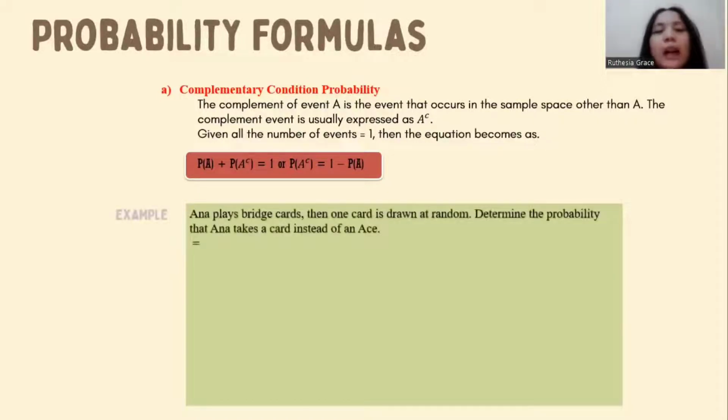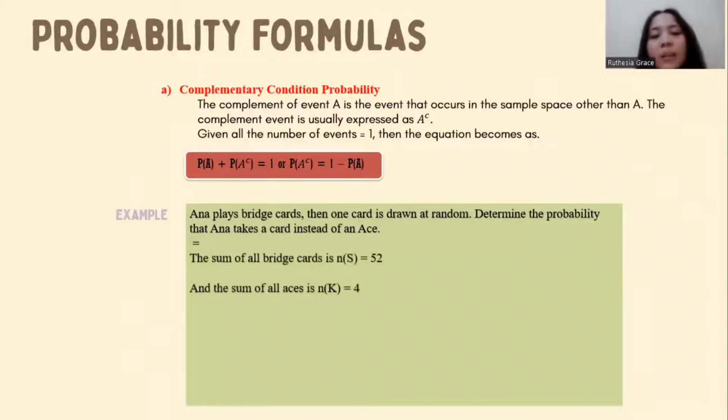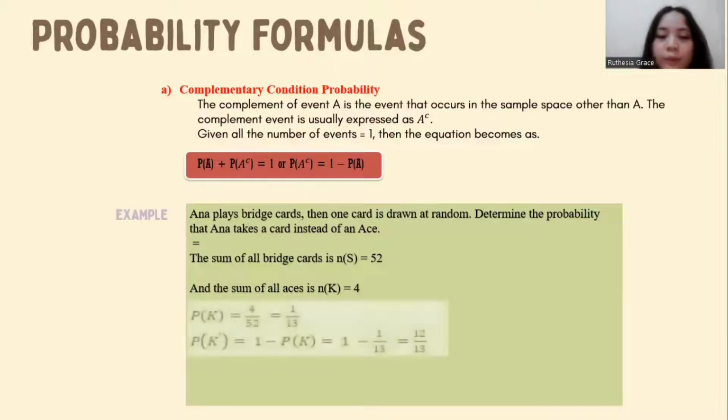For example, Anna plays bridge cards, then one card is drawn at random. Determine the probability that Anna takes a card that is not an ace. Well, the sum of all bridge cards is 52 and the sum of all aces is 4. So we just plug into the formula.